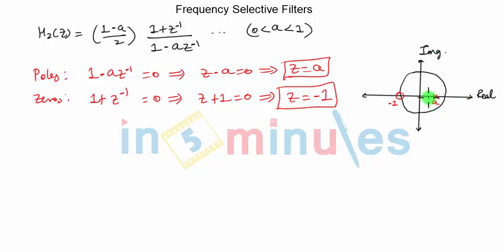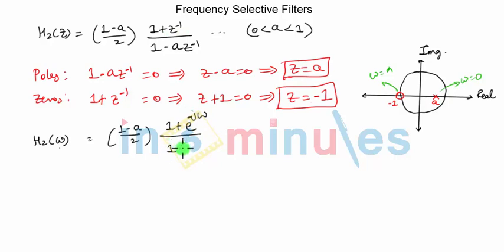And if I now take omega equal to pi, then H2(pi) will be equal to (1 minus a) by 2, a constant, times (1 plus e raised to minus j pi, which is minus 1) divided by (1 minus a times e raised to minus j pi). E raised to minus j pi will be minus 1, so that minus 1 and this minus will make it plus, 1 plus a. And this time if you observe, you get 1 minus 1 equal to 0.